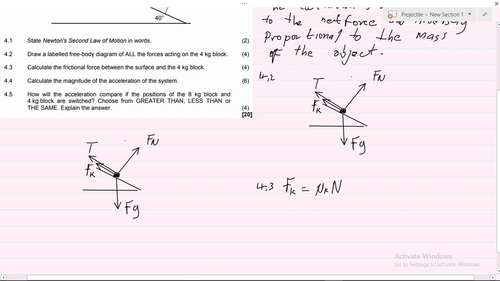So we must have a line like this. Are these two parallel? Yes, they look parallel right now. And then we must have another line which is perpendicular. We call it Fg perpendicular. Perpendicular to what?